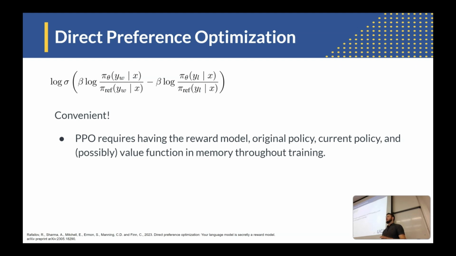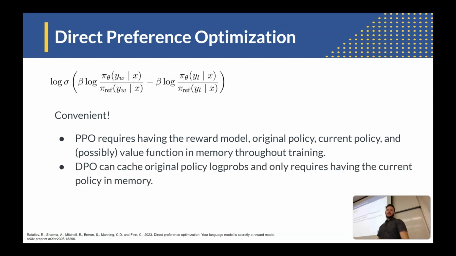And all of these are a large language model, typically with different weights. You could maybe do it within adapters to make it a little bit more lightweight, but it's still a large memory constraint. Whereas with DPO, you need the reference probabilities, but you can calculate those at the beginning of training and cache them. And then all you need is the current policy in memory, and you can just run it with the current policy.